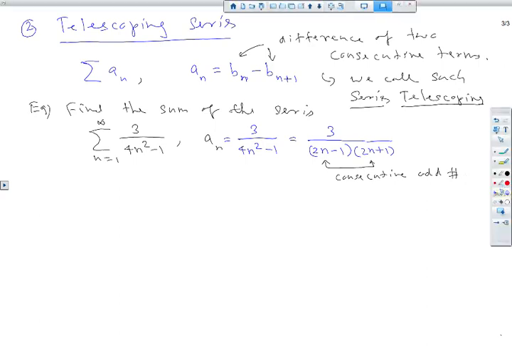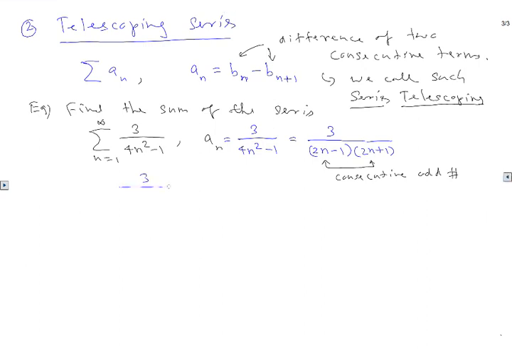We're going to assume that 3 over (2n minus 1)(2n plus 1) is identical to A over the larger one plus B over the smaller one, or rather the fractions go backward. Now we're going to multiply by the common denominator. So we can write this as 3 equals A. You just use any method you know, so you can use the hiding method or just a substitution.